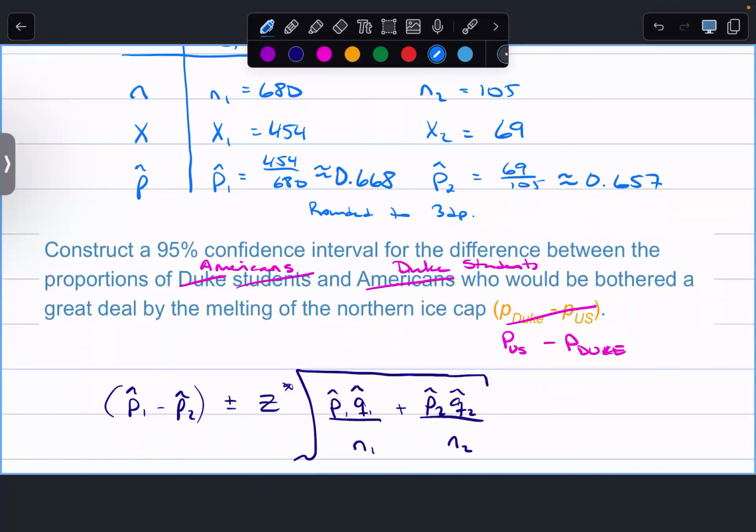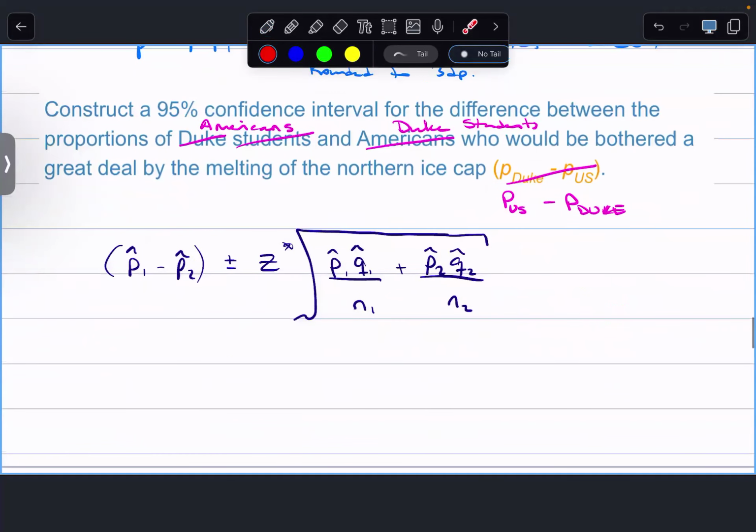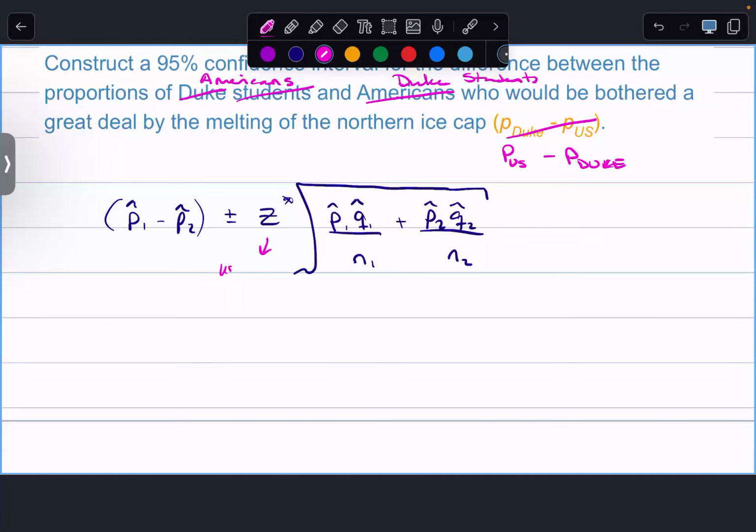Okay. So now I have p1 hat and p2 hat, and I have n1 and n2. Because I have p1 hat and p2 hat, I also have q1 hat and q2 hat, right? Because they're just 1 minus the p's. And z star, we're just going to use 2 for a 95% confidence interval.